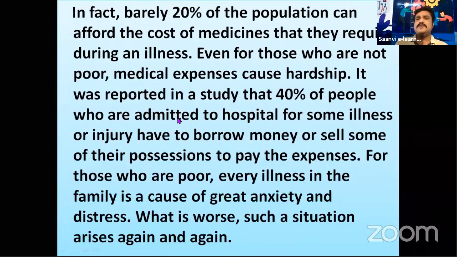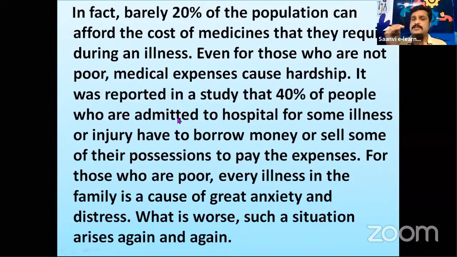Even we all get that sort of tension. In the beginning, many persons got corona disease, and many average and rich people opted for private hospitals. They had to spend nearly 1 lakh or 1.5 lakh for medicines.